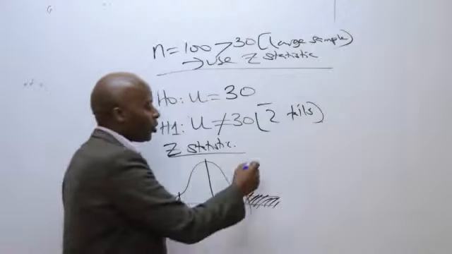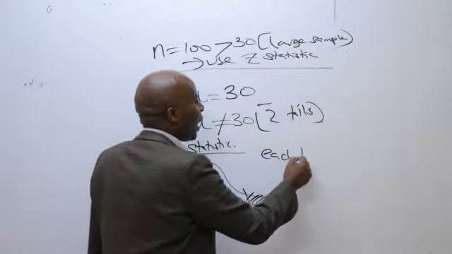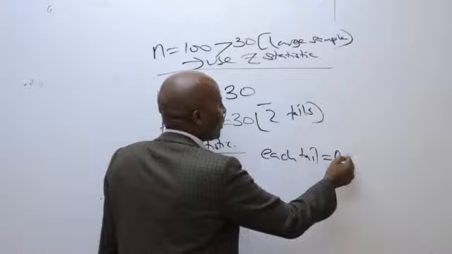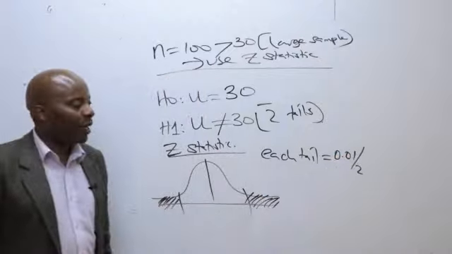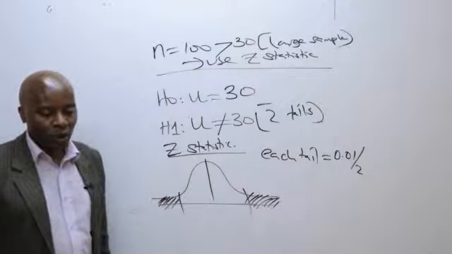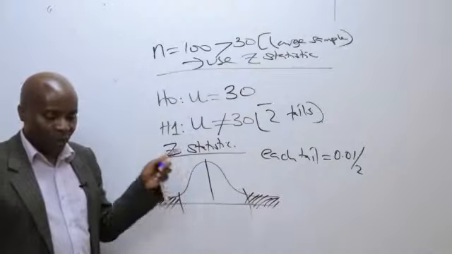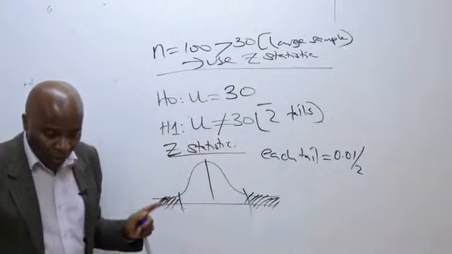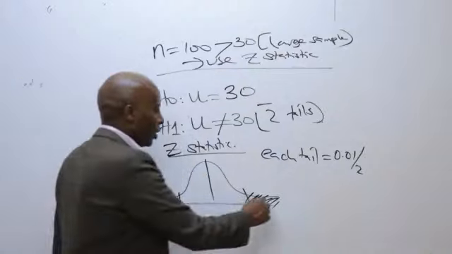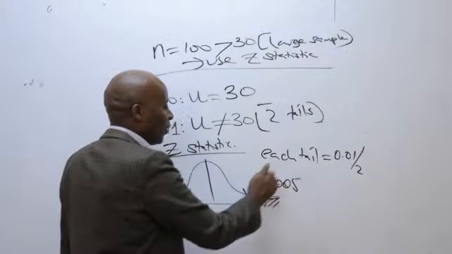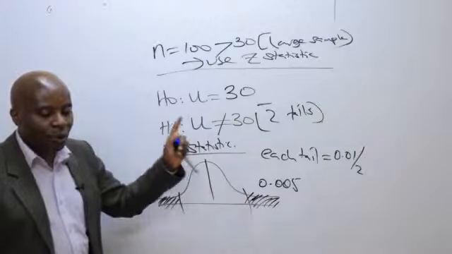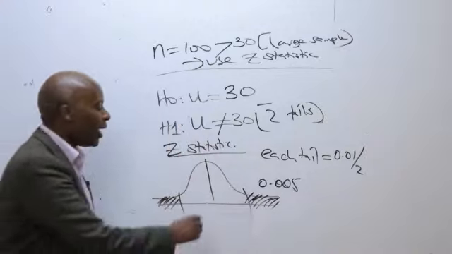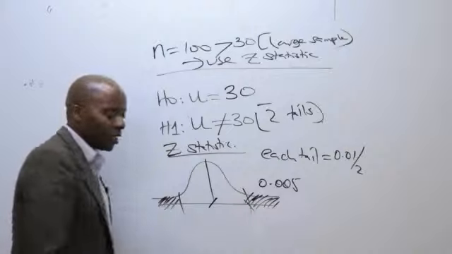Each tail will take 1%, so 0.01 divided by 2 gives 0.005.